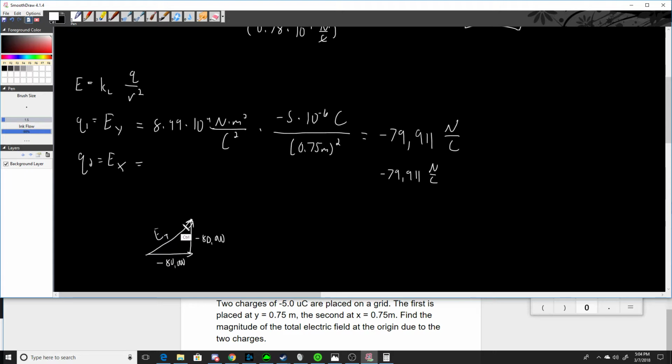I need to figure out what my total electric field is here. Essentially, this is just the Pythagorean theorem. So the total electric field is going to equal the square root of negative 79,911 newtons per coulomb squared plus negative 79,911 newtons per coulomb squared.